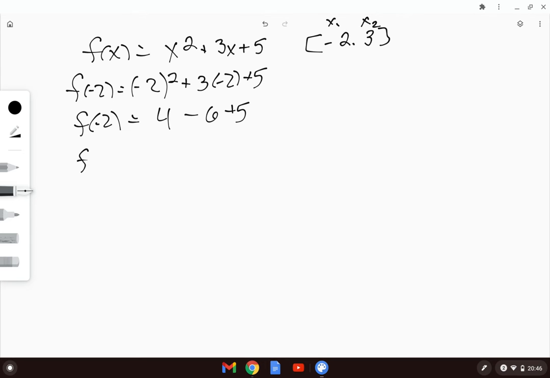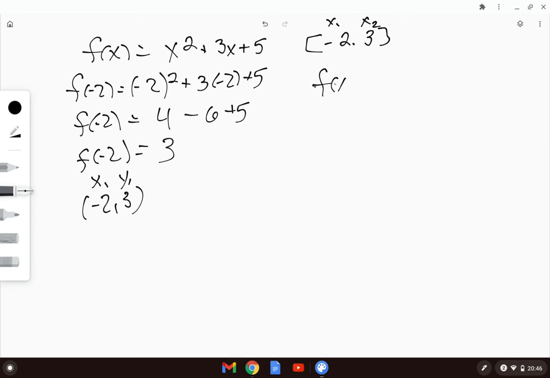That means f of -2 is going to equal 3. So the first ordered pair that I have is (-2, 3), and this is going to be my x1 and my y1.